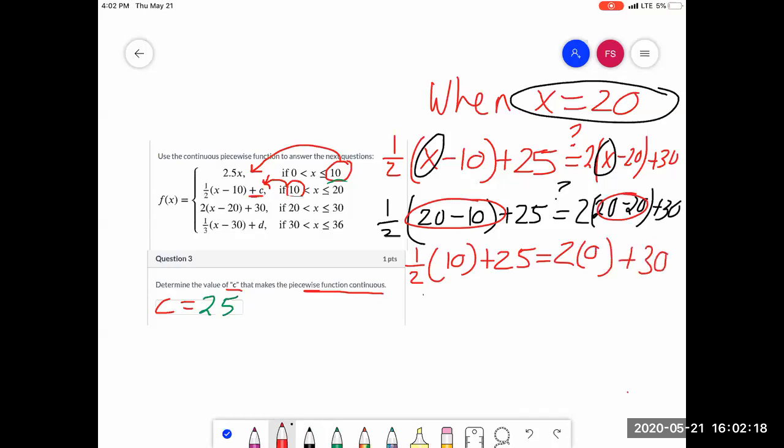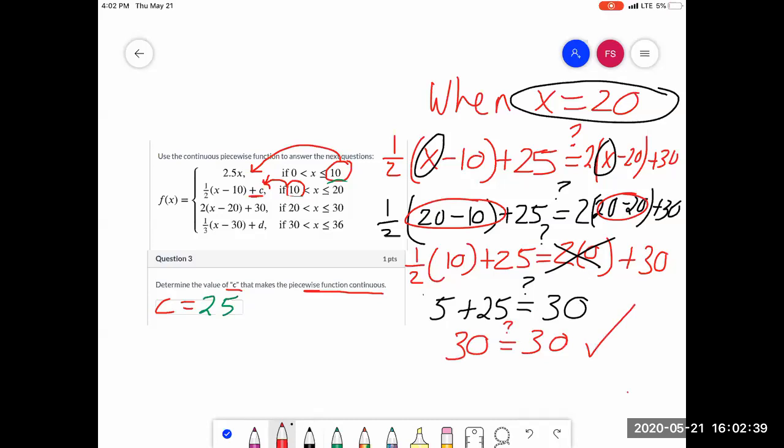Well, 1/2 of 10 is 5. So I get 5 plus 25 equals, and I'm going to still have those question marks because I'm not sure if it's true. 2 times 0 is just 0. So that leaves us with 30. And 5 plus 25 definitely is 30. So does 30 equal 30? Yes, it does. So our answer works, and we know we're right.